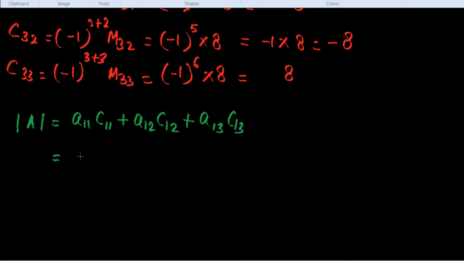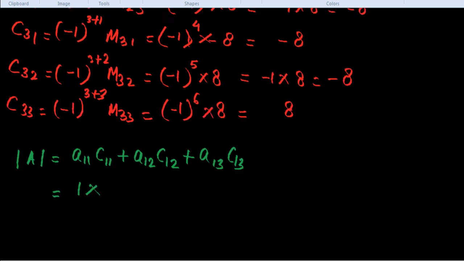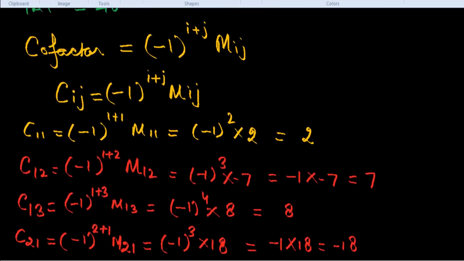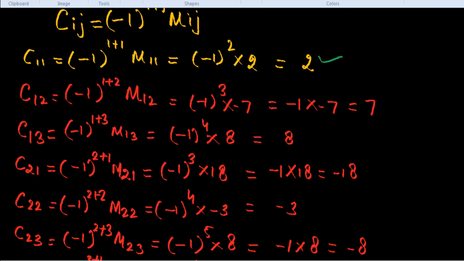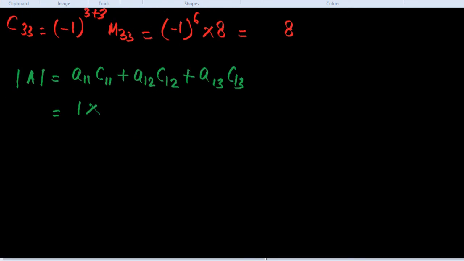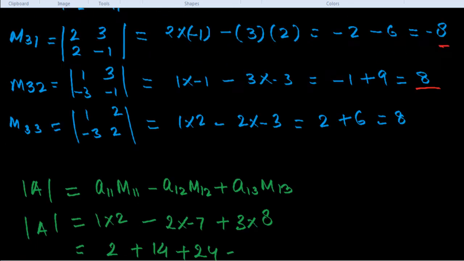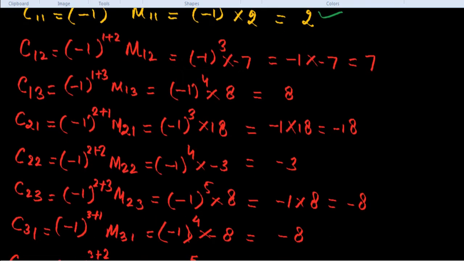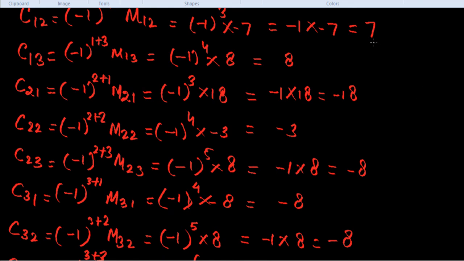So A11 we know is 1 and C11 we know is 2. We have to put here 2. A12, the second element, is 2, and C12 is 7.